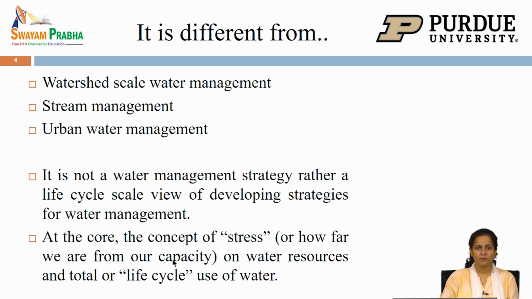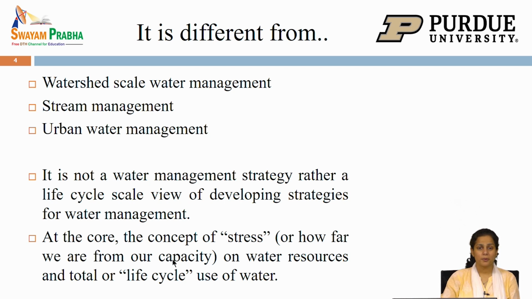That is more of an ecological view of managing water resources, in terms of how we can ensure that water is continually available at a certain threshold for consumption. In the case of water footprint, it is not really a water management strategy, but rather a metric that will help to make strategies for maintaining the water resources or for water management.